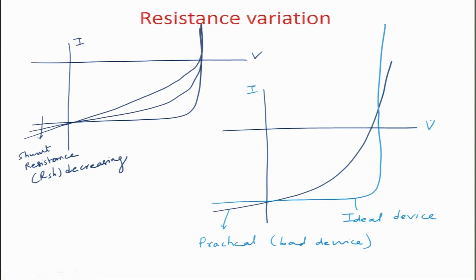So, for the ideal IV, RSH is equal to infinity and RS is equal to 0. For this one, RS is high and RSH is low.